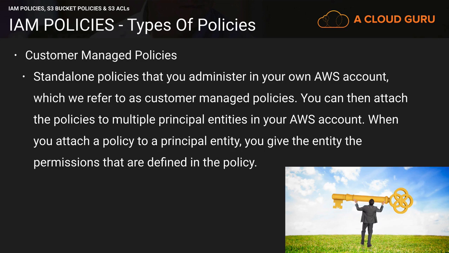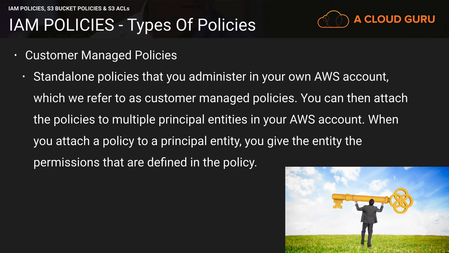However, for that 1 out of 10 chance that you don't have one, or maybe you just don't like the idea that AWS can make a change to this policy at any given time, and it could go and break your production environment, you might want a customer managed policy. The customer managed policy is just a standalone policy that you administer in your own AWS account.